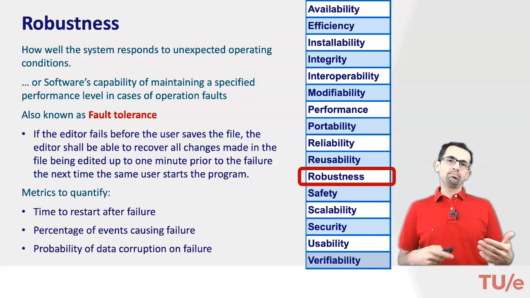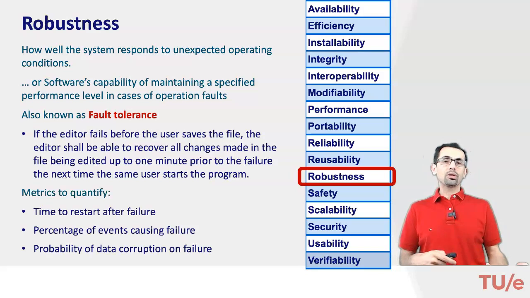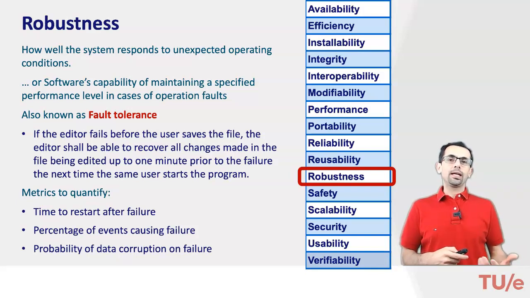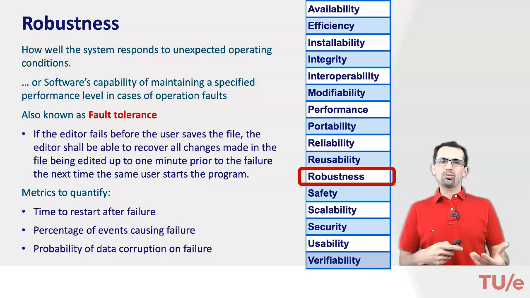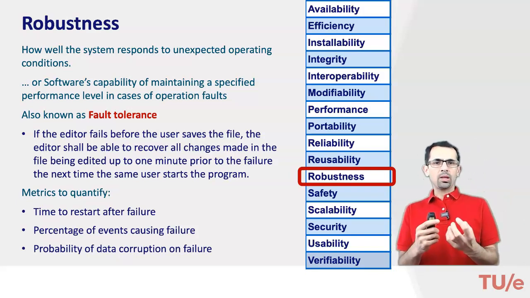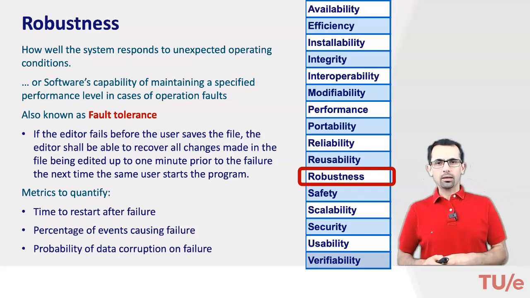So what kind of metrics can you use? Time to start after failure, percentage of events causing failure, or probability of data corruption on failure are the metrics that you can use to specify requirements that are measurable. Good.